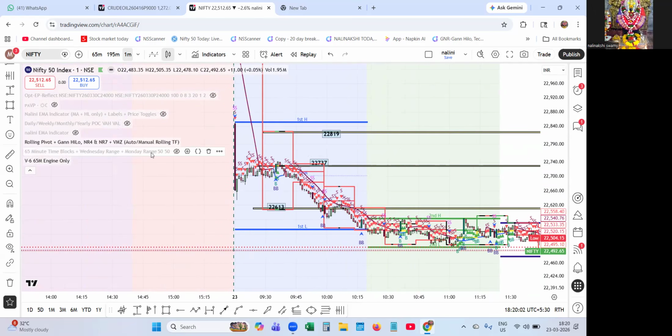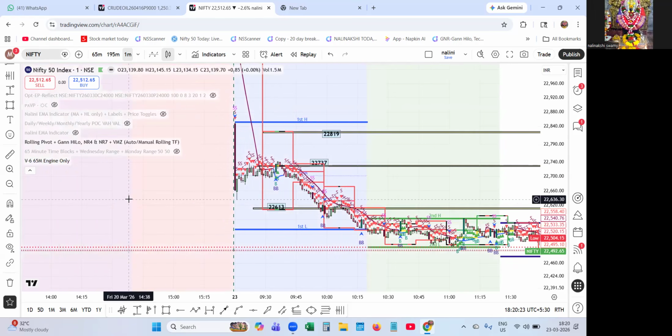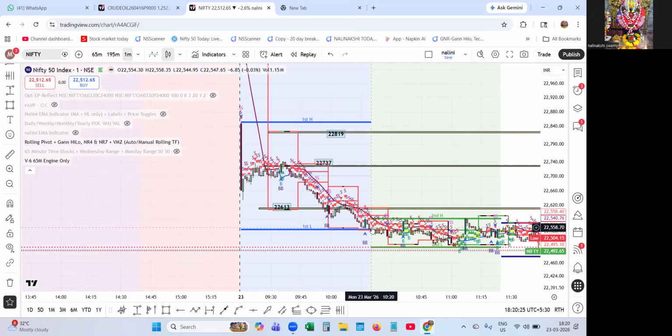Let me hide the 65-minute. With the rolling pivot only, I'm going to show you, 65-minute is for my hourly. If I enable it, you get to see the hourly breakdown.